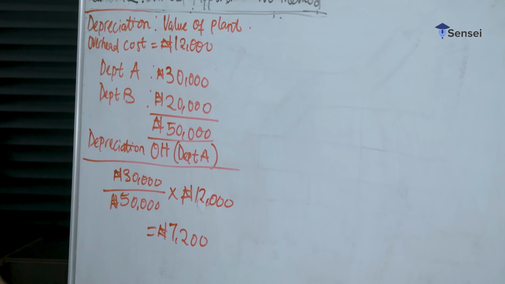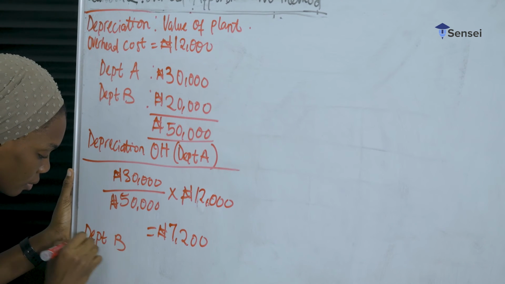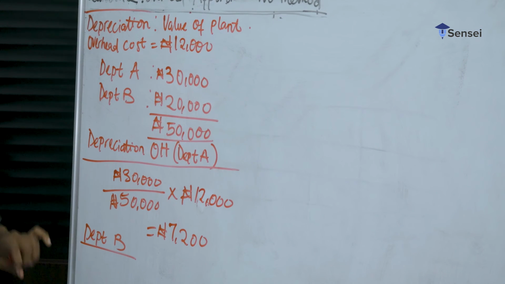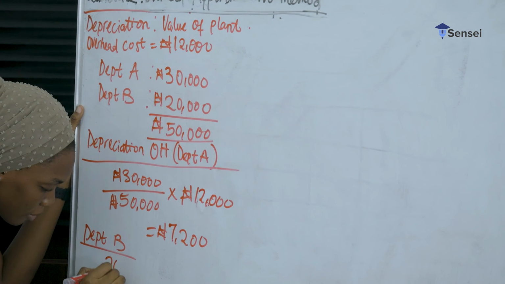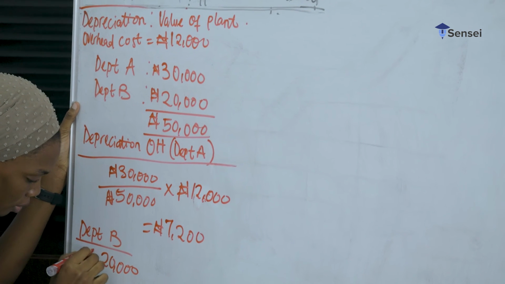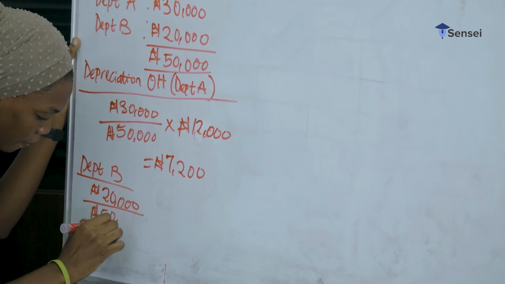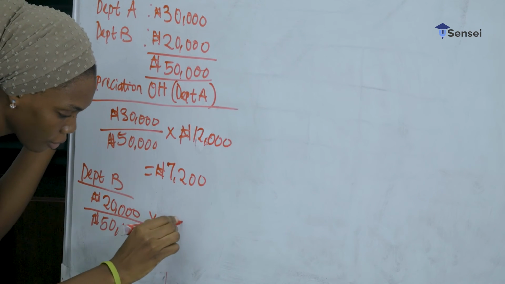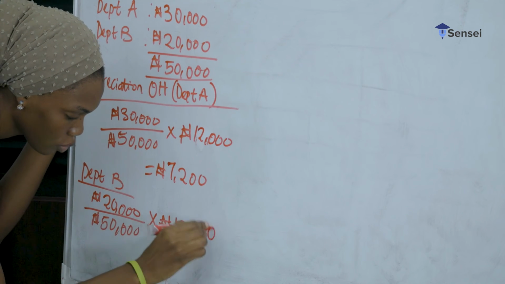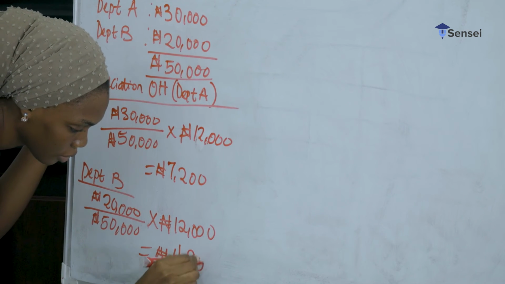So we'll move on to the second department, that's Department B. The value of plants for Department B is 20,000 naira by 50,000 naira, which is the total value of plants for the organization, then multiply by the total overhead cost for depreciation, 12,000 naira, which gives us a value of 4,800 naira.